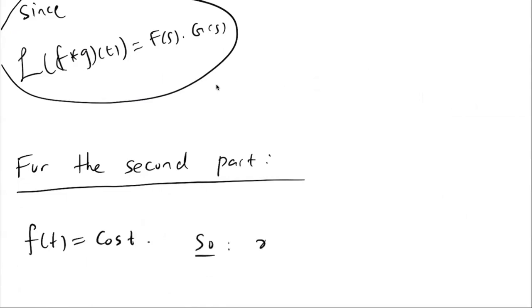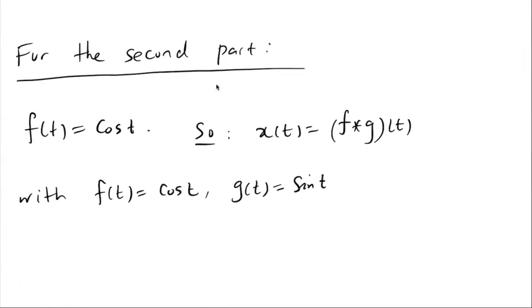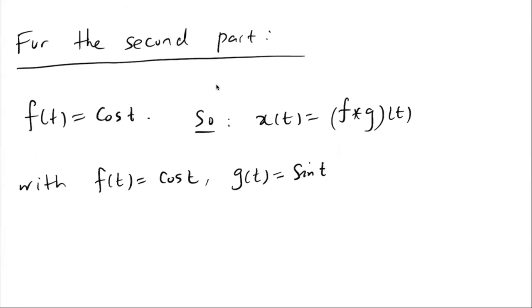So x of t will be f star g of t with f of t equals cos t, g of t equals sine t. So that means x of t will be 1/2 t sine t.